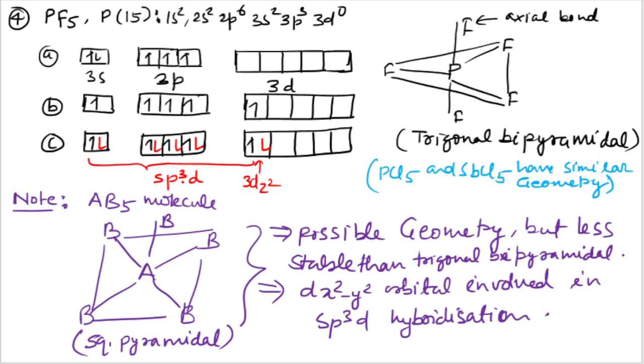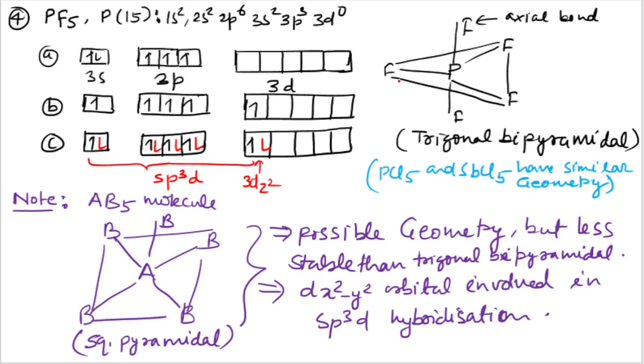The hybridization is sp3d in this case, and this 3d orbital is the 3dz square orbital. The geometry is trigonal bipyramidal.